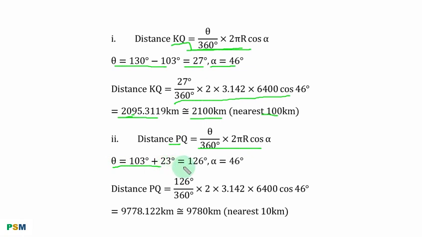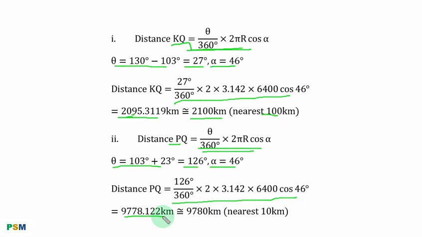You have 126 degrees. Alpha, the angle of latitude, is equal to 46 degrees. You replace all the parameters with what they stand for in this form. When you simplify, you have this result.